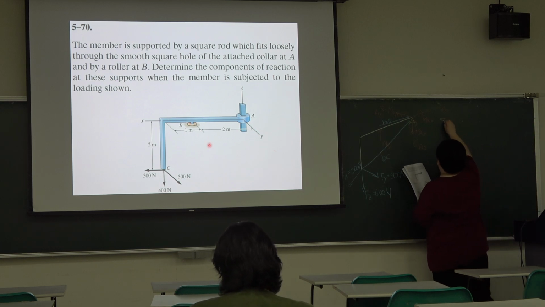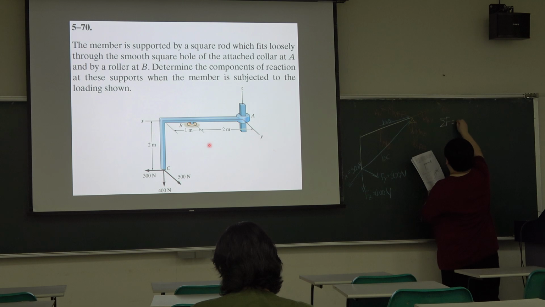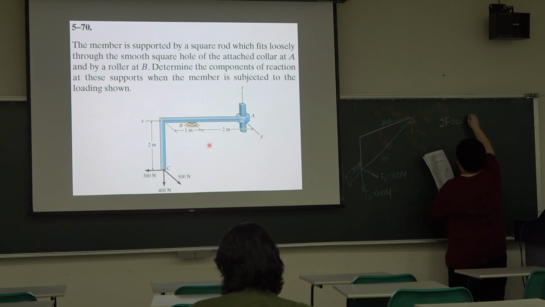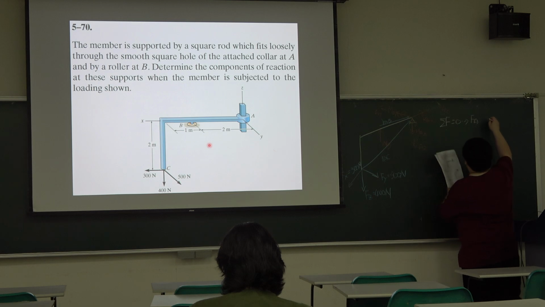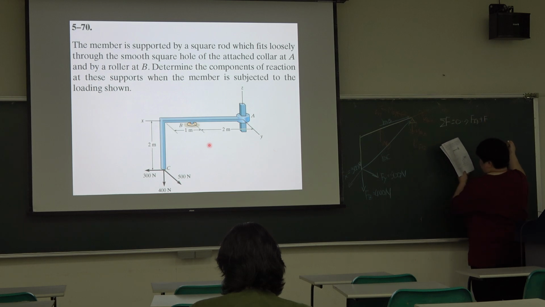So for the summation F equals 0: FA plus F plus MB equals 0.